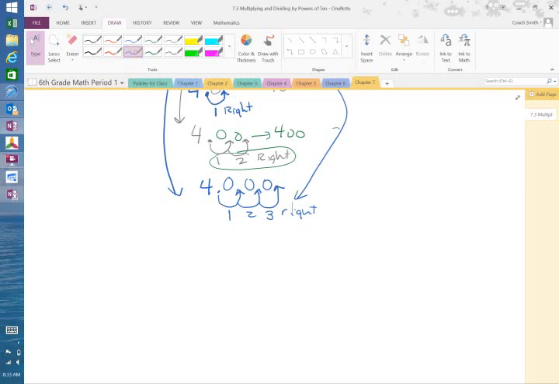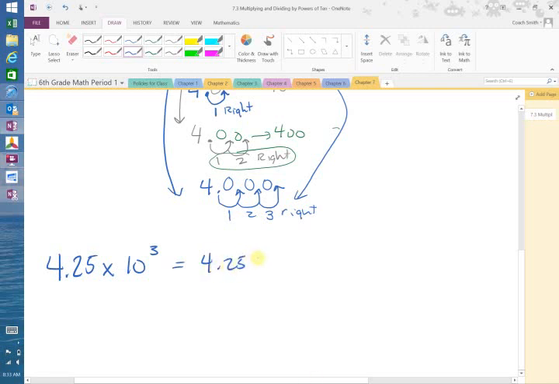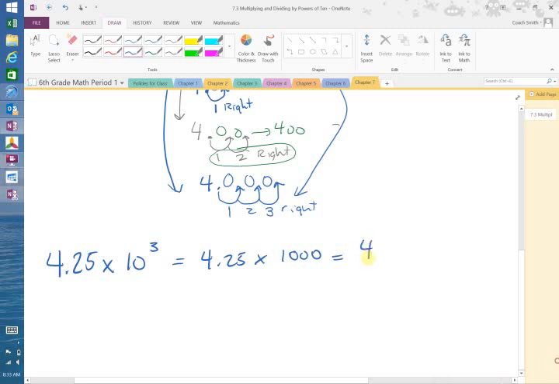Let's say I have the number 4.25 times 10 to the third power. Well, that's really 4.25 times 1,000. Is that correct? Now, if I just do what we originally said and add zeros, have I changed that number? No, that's still 4.25. Those 3 zeros at the end don't change the number because they're behind the decimal.